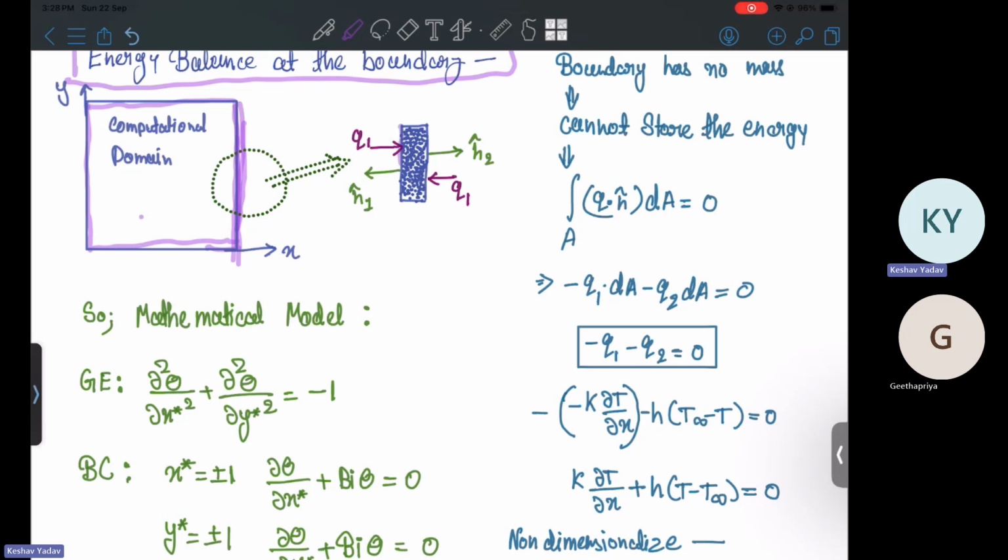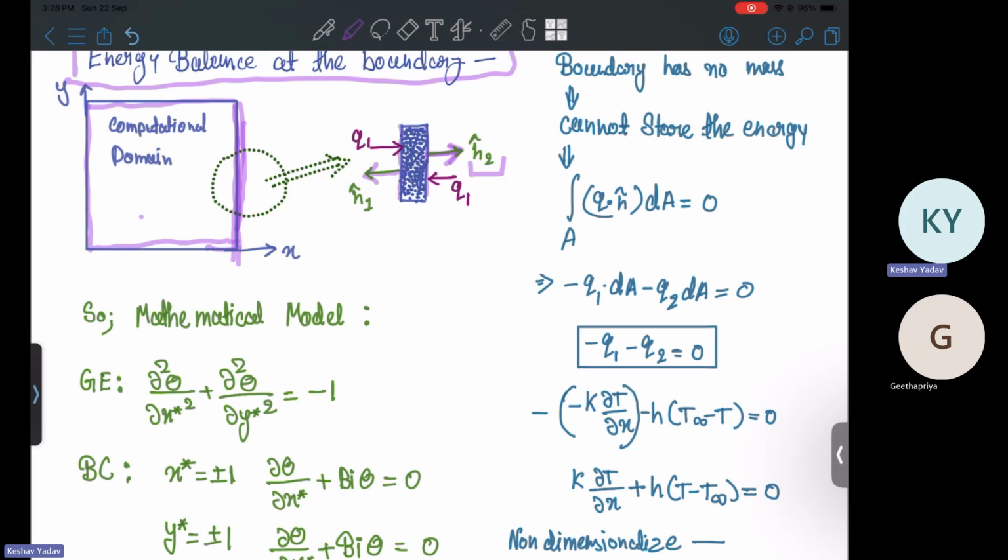At this surface, there will be a unit normal vector, n1 hat. Similarly, at this section of the boundary, there will be a unit normal vector n2 hat. By convention, the unit normal vector will point outside of the surface.